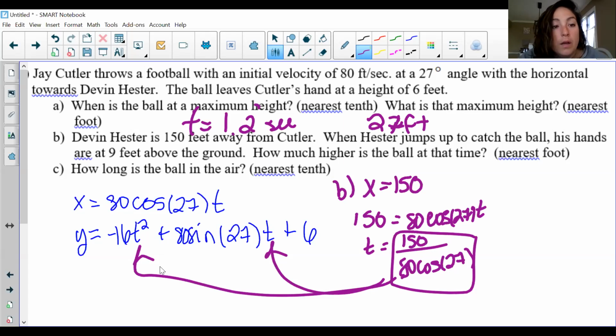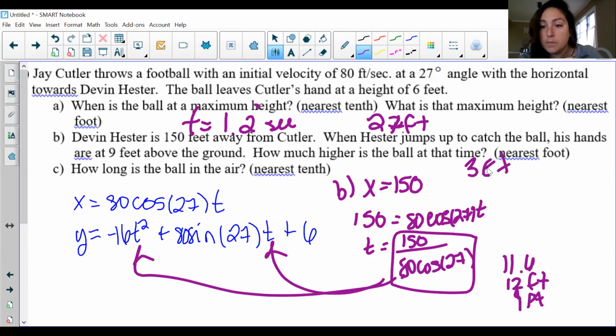So to the nearest foot, the ball is currently 11.6, so we'll say 12 feet in the air because it said nearest foot. And he's 9 feet tall, so 3 feet taller.